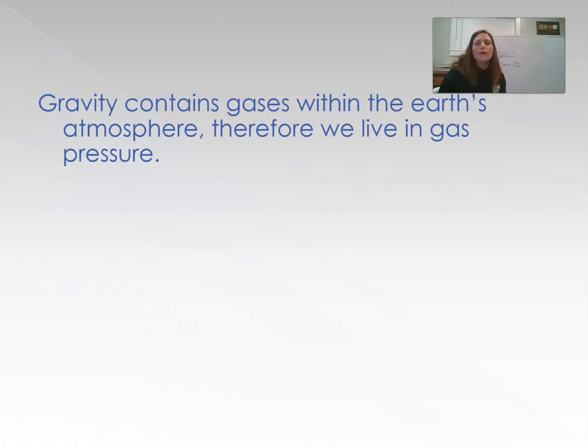On Earth, we have gravity, and gravity is a force, and we're really not going to get involved with it. That's a physics force, but you can believe me or you can Google it. Gravity, as we spin around, forces gases to stay around the Earth. It has to do with how fast we're spinning, which has to do with the length of our days. And as you talk about other planets and you think, oh, well, how's the length of their day?